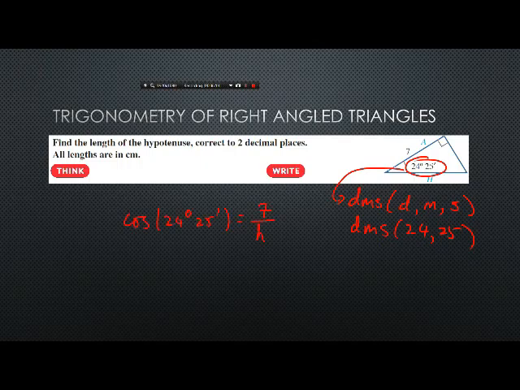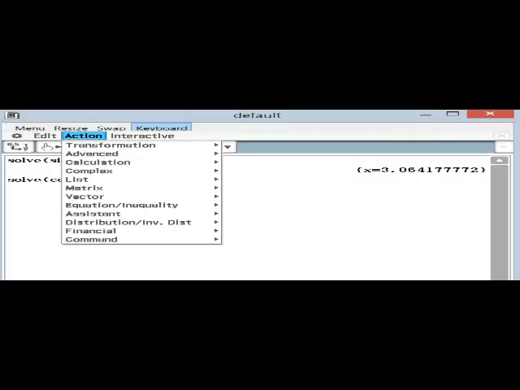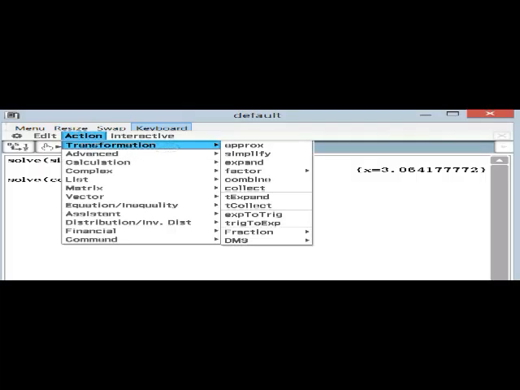I've just really quickly put down what we're trying to find here. We have cosine because we have the adjacent along with the hypotenuse, so we're trying to look for cosine. Just to speed this up a little bit, I've put in the solve and cos part already. So to find DMS, you would go action, transformation, DMS, and then there are 2 options.